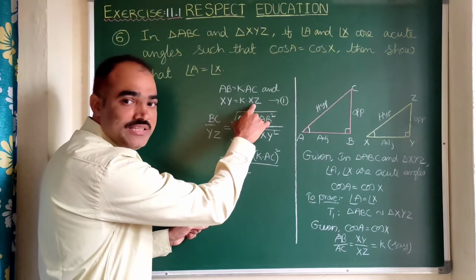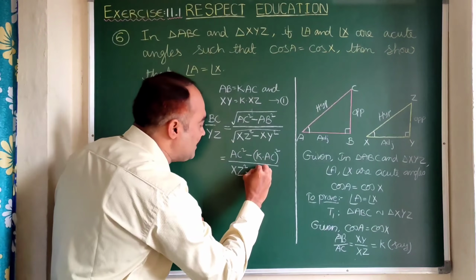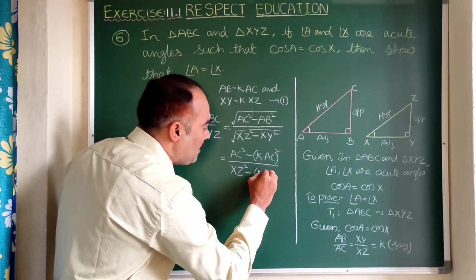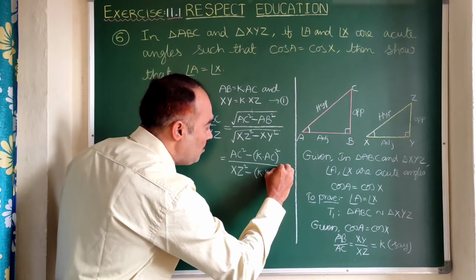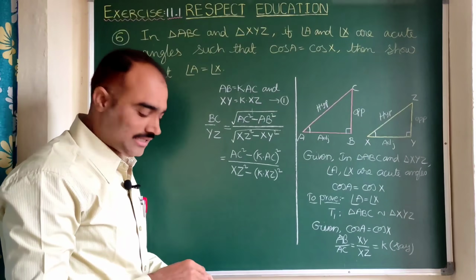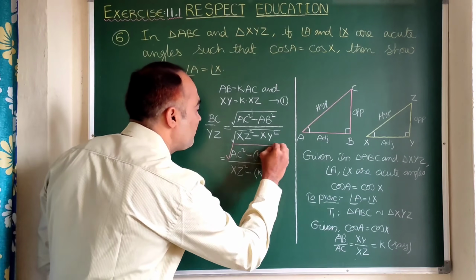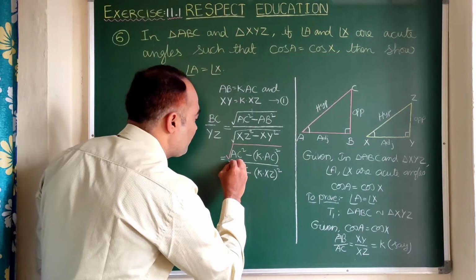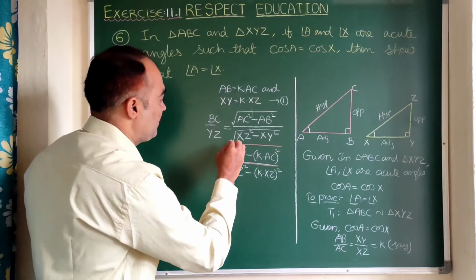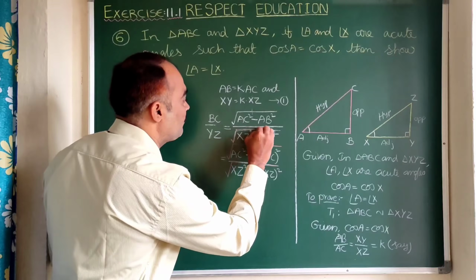XY can be replaced with K into XZ. As it is square, I am writing K into XZ whole square. Is it clear? And this under root is there. Under root we maintain the same. Here also under root.